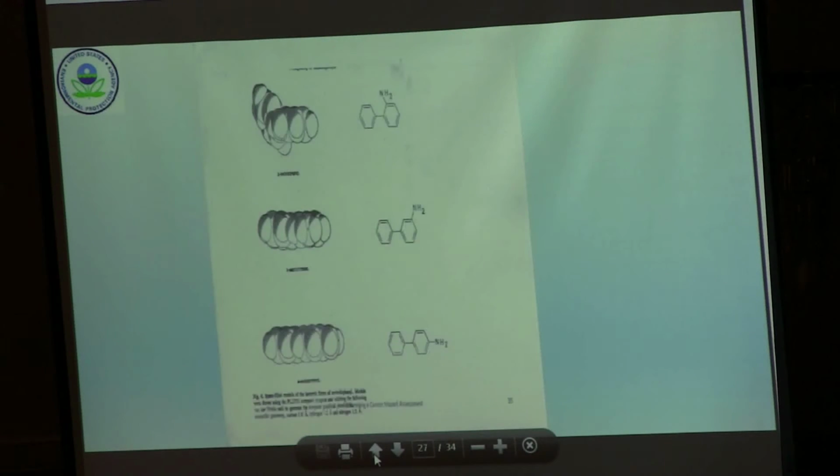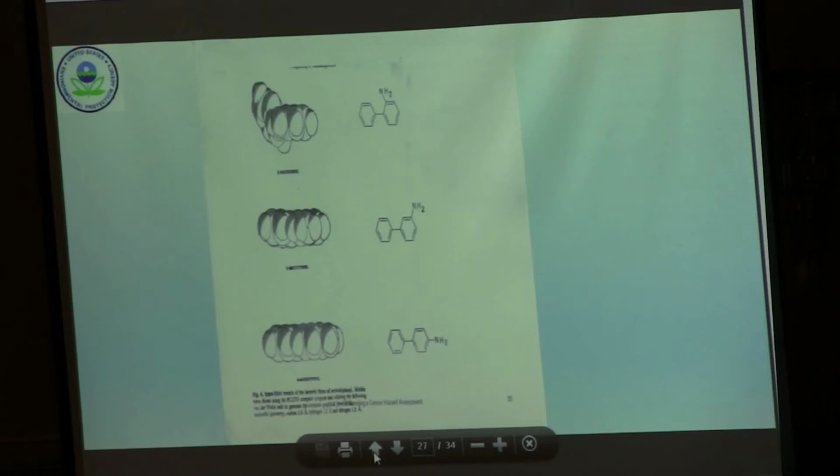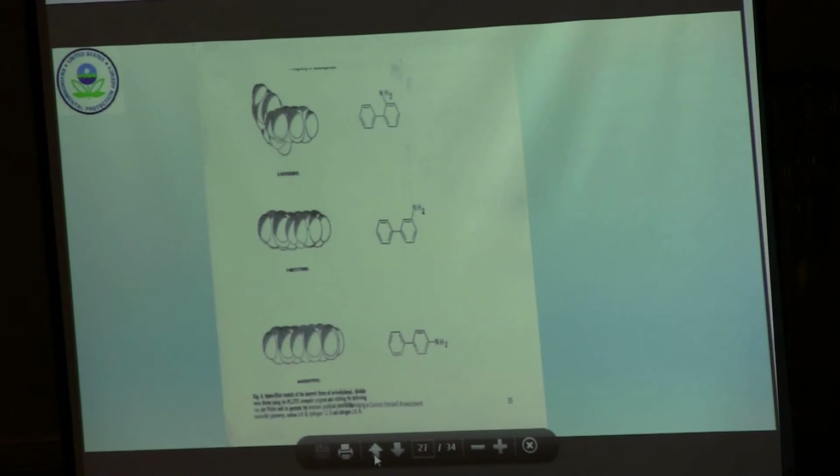and then the second is phase 2 metabolism, ultimately forming a nitrenium ion, which then binds to DNA. A study on the 2, 3, and 4 isomers of aminobiphenyl showed a very good correlation between mutagenicity, carcinogenicity, the capability of the chemical to undergo N-hydroxylation, and the planarity of the structure.